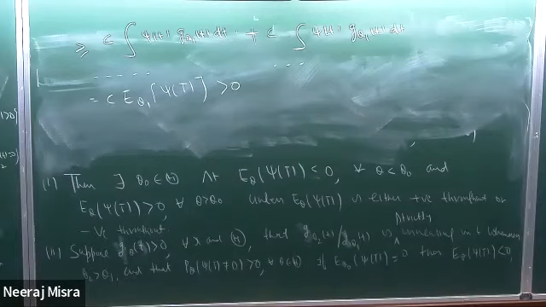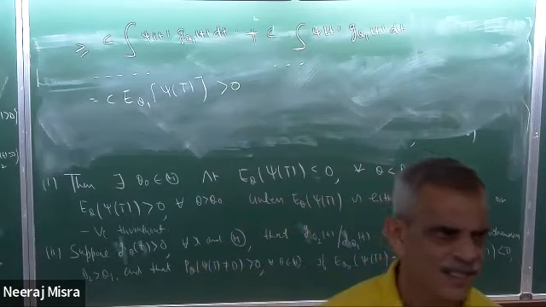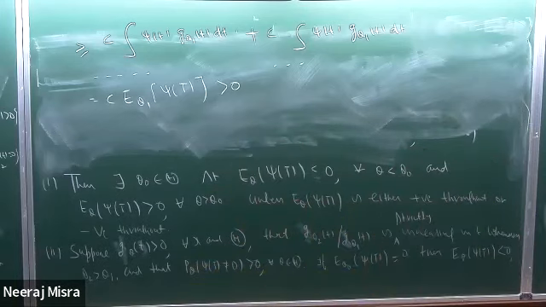Is that okay? So let me stop over here. Basically, the idea of this is very simple: if you have MLR, and if there is a function psi which changes sign at most once, then the expected value of psi t would also change sign at most once.